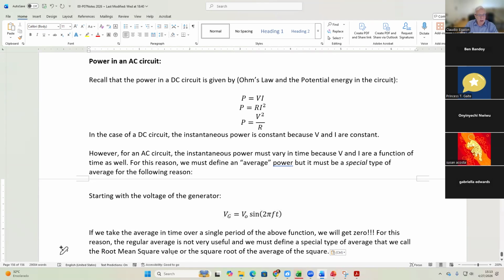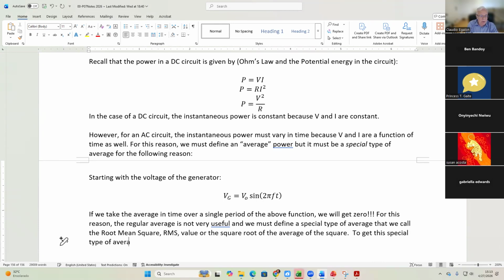So what exactly do we do? To get this special type of average, we do the following.